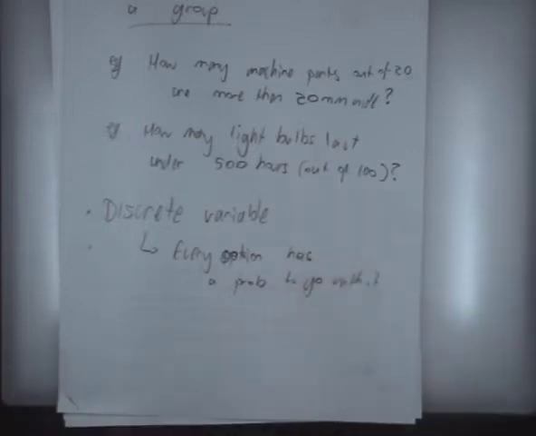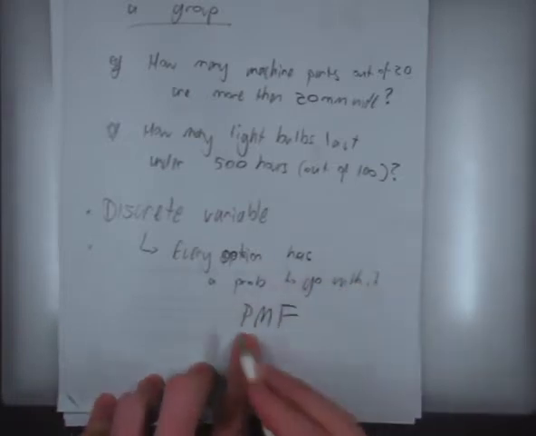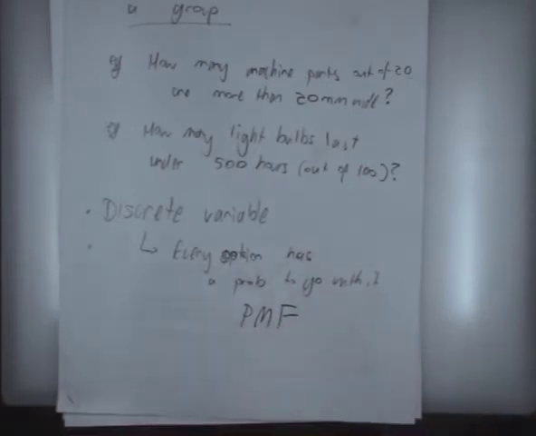And the list of what probability goes with which option is the probability mass function. Probability mass function. And it tells you how much probability is there at each option.